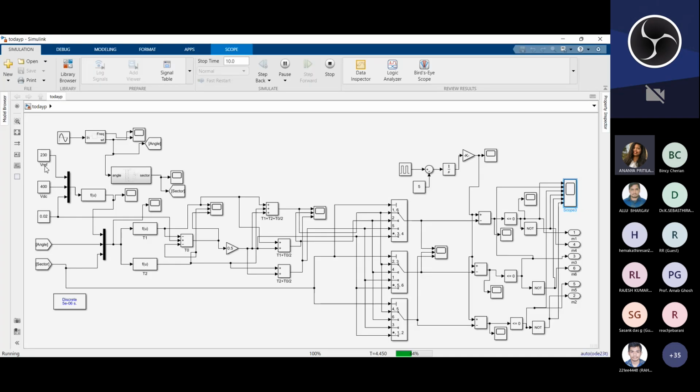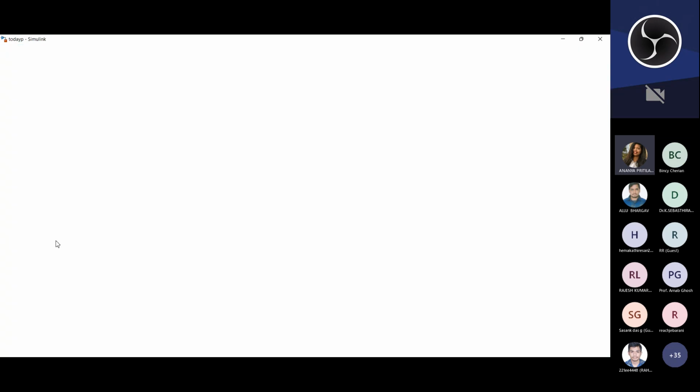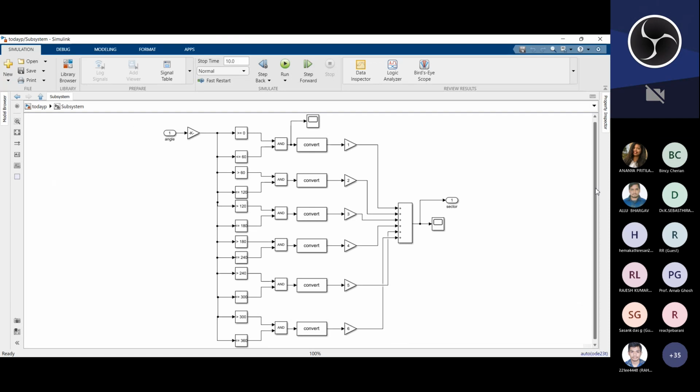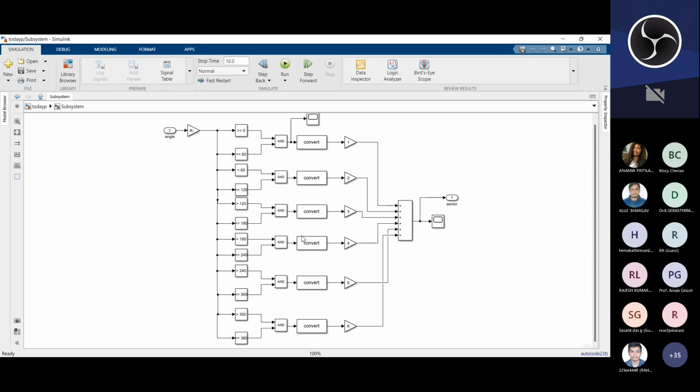With that, I have generated the timing sequence from this sinusoidal wave. First, I have generated that angle. From the angle, I have calculated each sector. Here, 5 sectors are calculated.